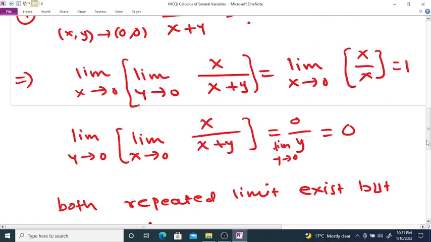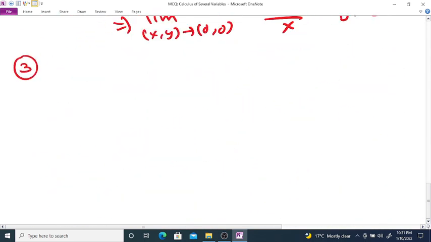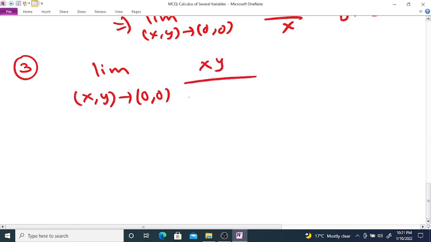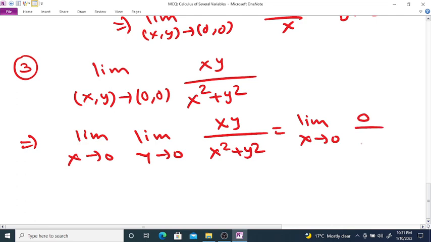Now next, number 3, take the simple example: limit as (x, y) tends to (0, 0) of xy divided by x square plus y square. The first repeated limit, x tends to 0, limit y tends to 0 of xy divided by x square plus y square, is limit x tends to 0 of 0 divided by x square, which is equal to 0.